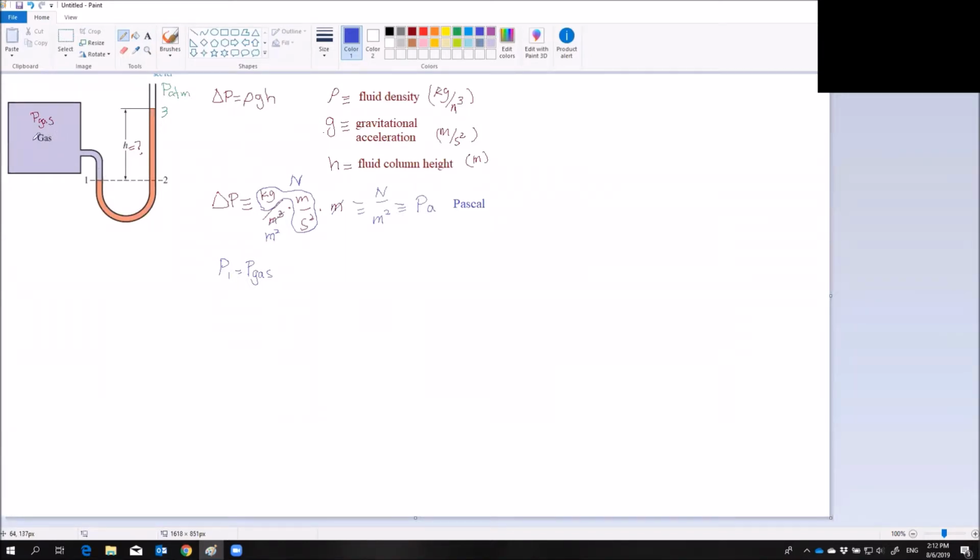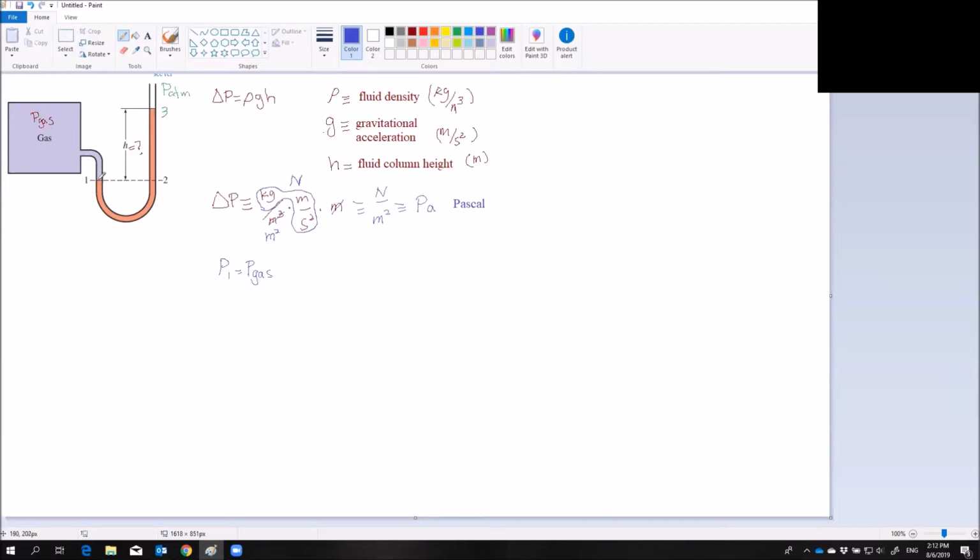But when you have a gas compressed in a tank like this, because of the low density of the gas compared to the liquid, change in elevation will not contribute to a significant change in hydrostatic pressure. So at point 1, P1 is equal to gas pressure inside the tank.